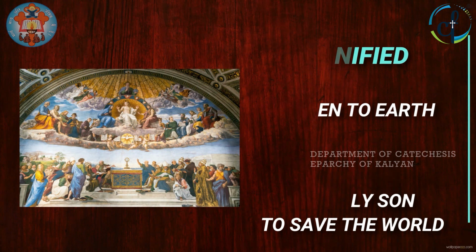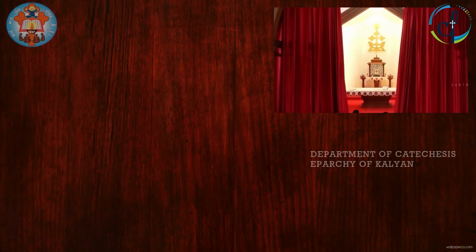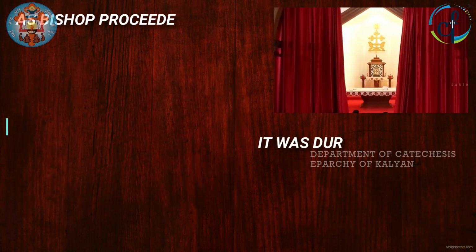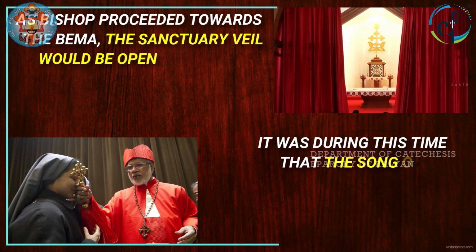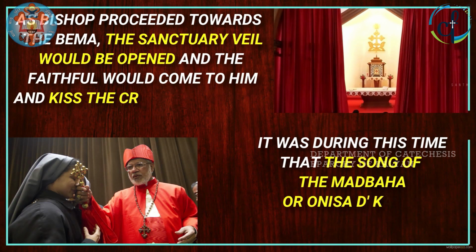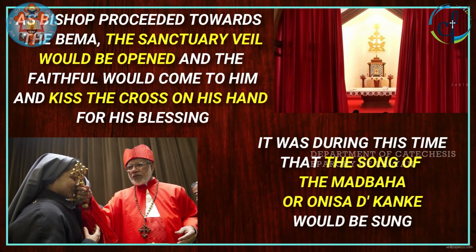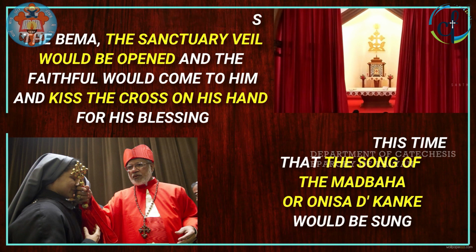As the bishop proceeded towards the bema, the sanctuary veil would be opened, and the faithful would come to him and kiss the cross on his hand for his blessing. It was during this time that the song of the madbaha, or Dionisa di Kanke, would be sung.